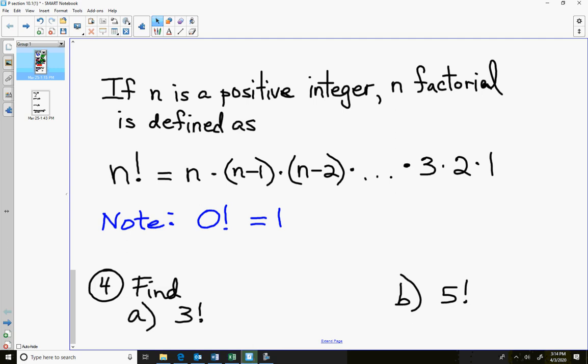So n minus 1 times 1 less than that number, n minus 2 times, and you keep going down all the way until you get to 1. Now, note this one special case, 0 factorial equals 1. Just accept that and go with it. 0 factorial is not 0. 0 factorial equals 1.